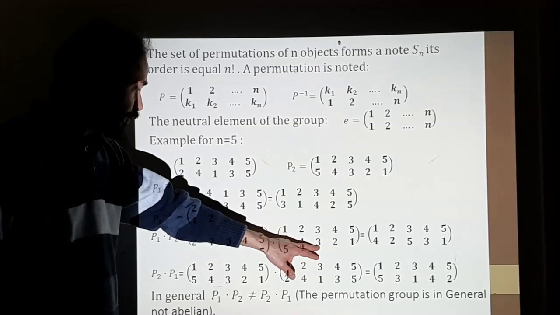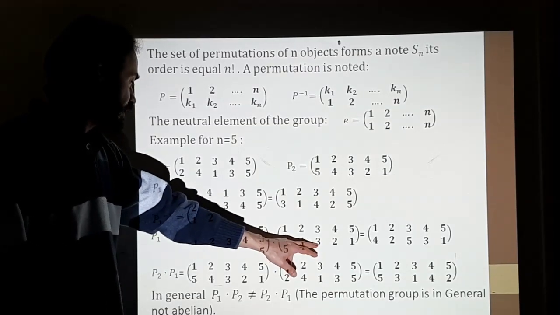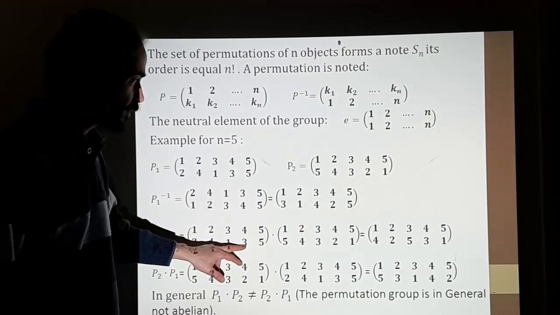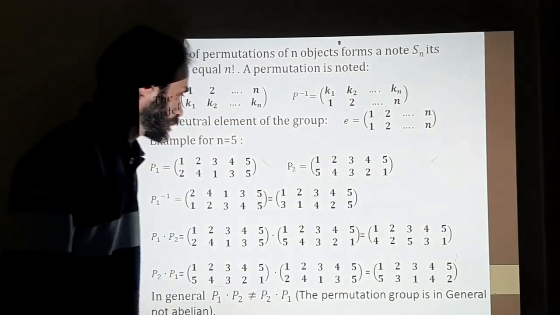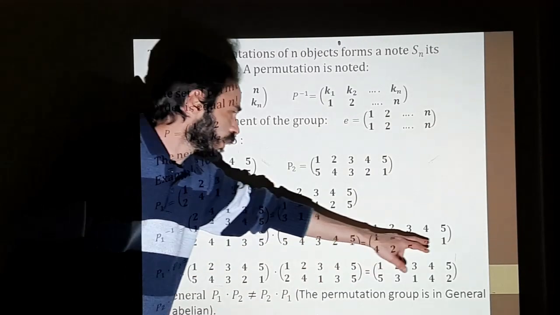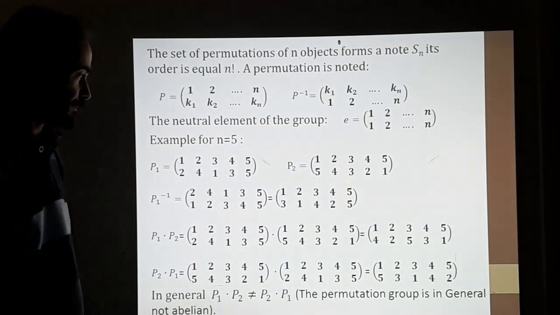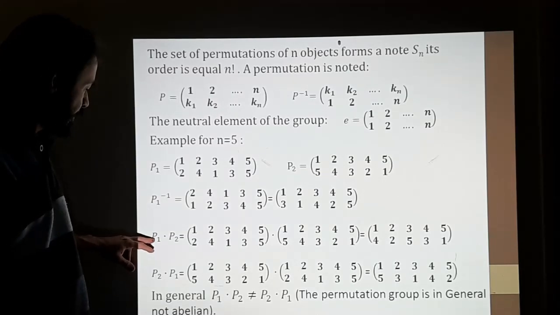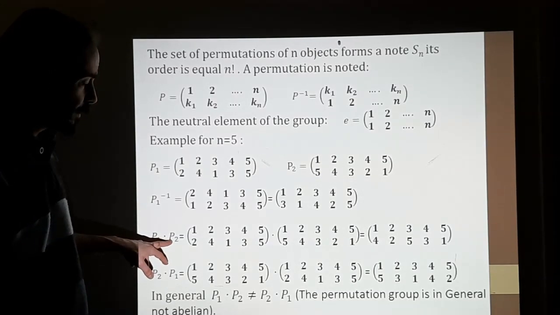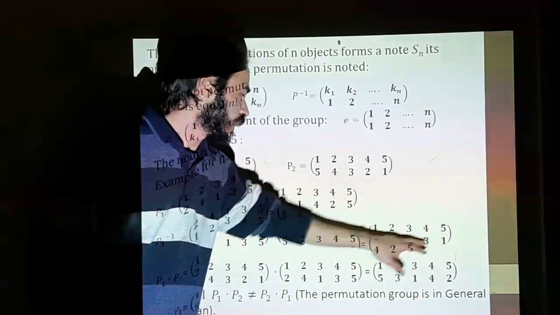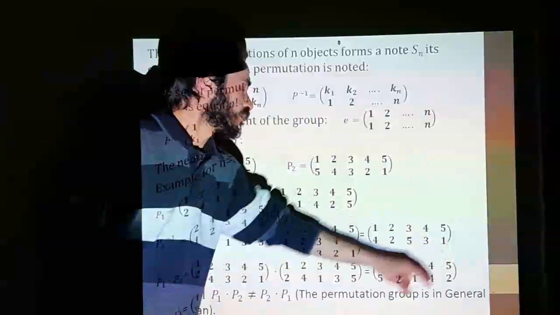And for the 3, it stays the same here. And here it consists of putting the 3 in fourth position, so the 3 will be in fourth position. And finally, the 1 will be in fifth position. So the permutation P1 multiplied by the permutation P2 is 1, 2, 3, 4, 5 over 4, 2, 5, 3, 1.